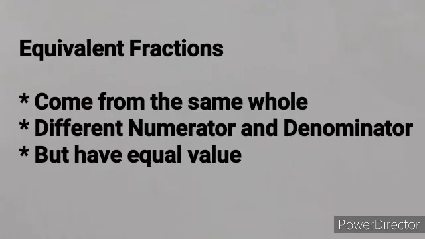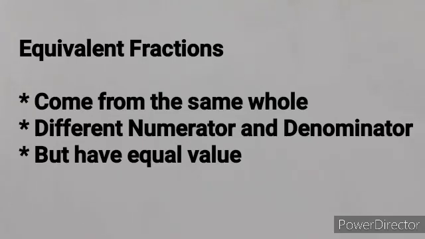Today, let's learn about another type of fraction. They are called equivalent fractions. They are the fractions that come from the same whole. Okay? The full object will be the same, but the numerator and the denominator both will be different.